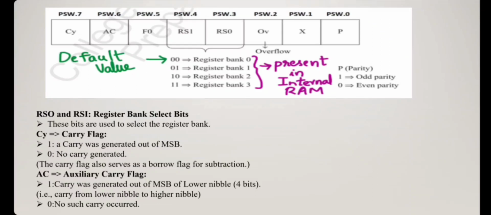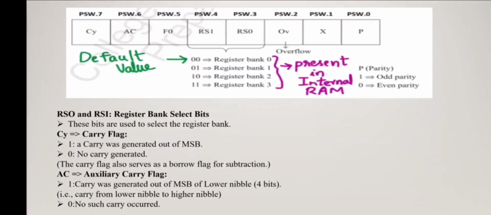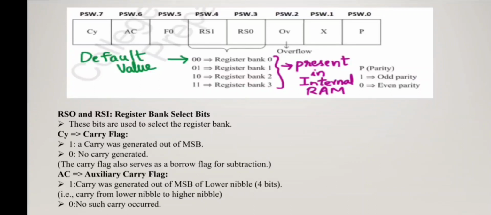Then PSW1 is an undefined bit. And then the PSW2 bit is the overflow bit. If an overflow occurs, this bit will be set. Overflow means that if we add two 8-bit numbers and the result exceeds 8 bits, an overflow occurs, or if there is a change in the sign.